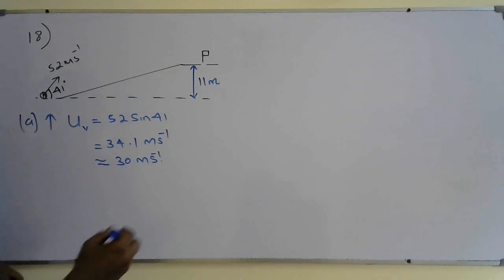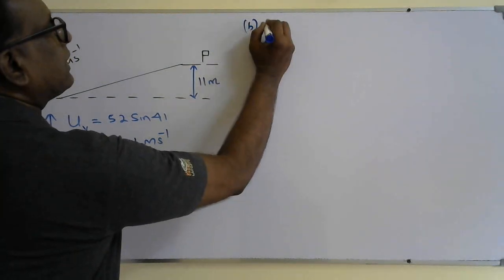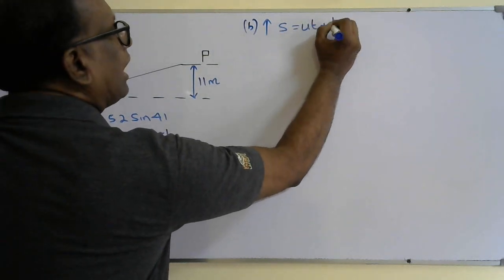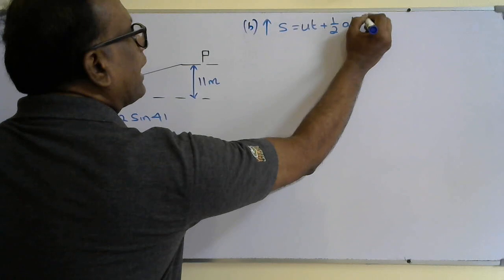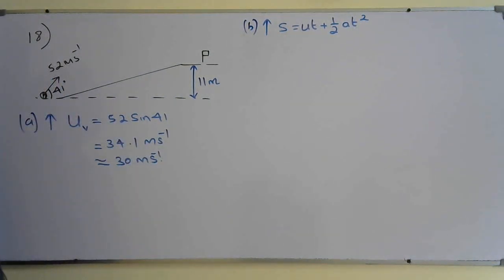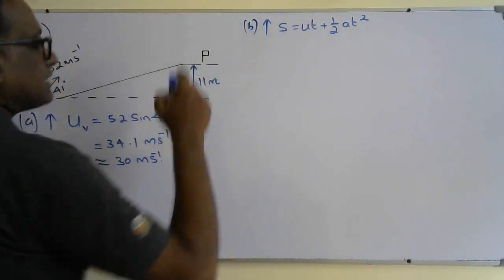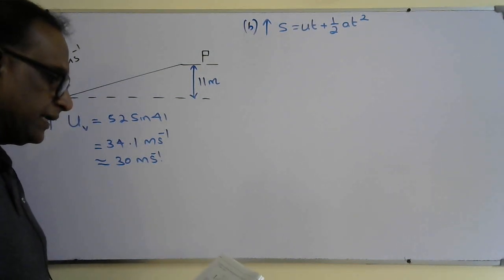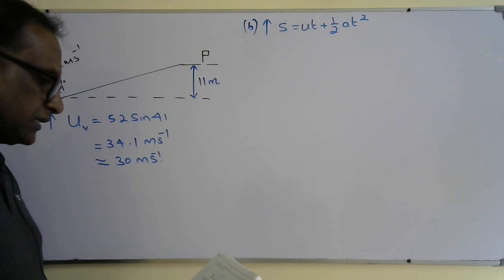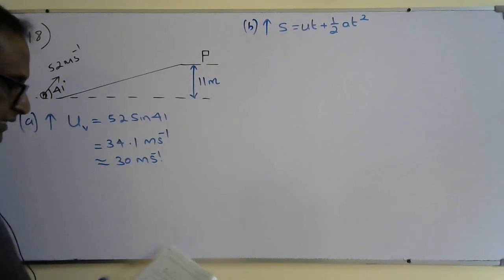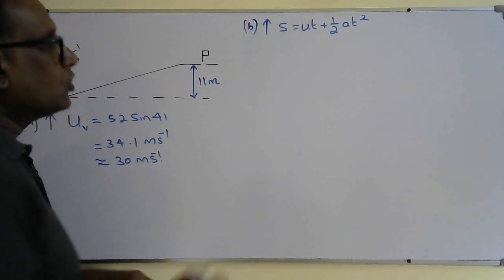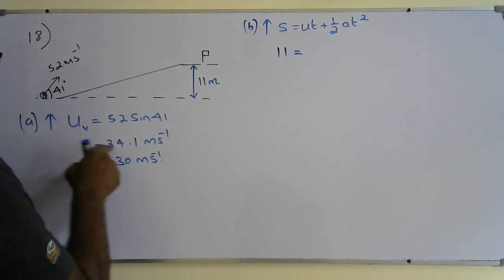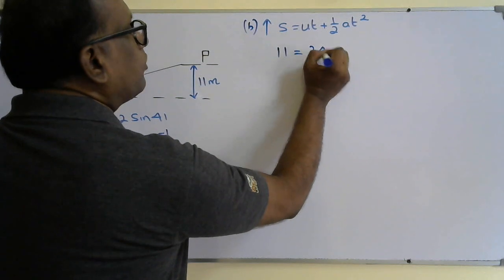So we know the vertical displacement. Vertically, s = ut + ½at². We can use this in the vertical direction. The ball landed on the ground near a hole, they say in the second paragraph, so the vertical displacement is 11. The initial vertical velocity we found is 34.1.